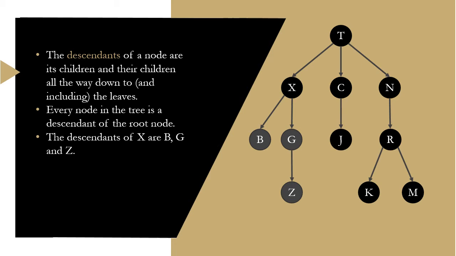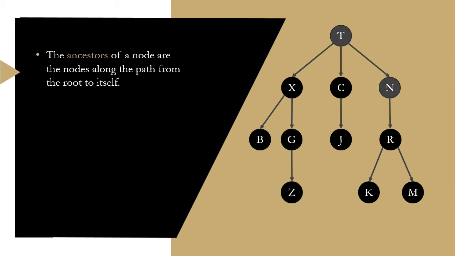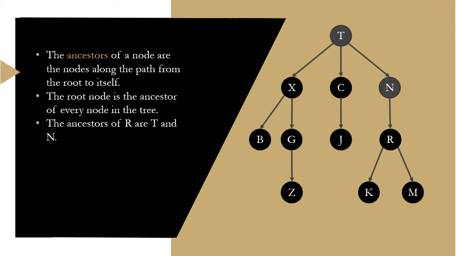The descendants of X are B, G, and Z. The ancestors of a node are the nodes along the path from the root to itself. The root node is the ancestor of every node in the tree. The ancestors of R are T and N.